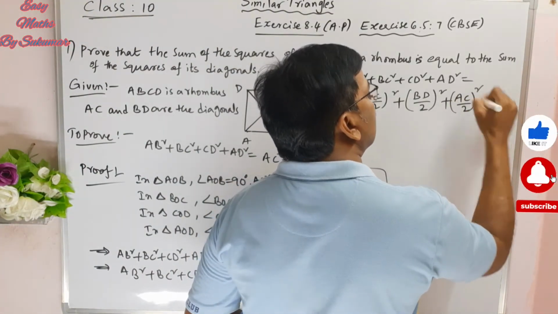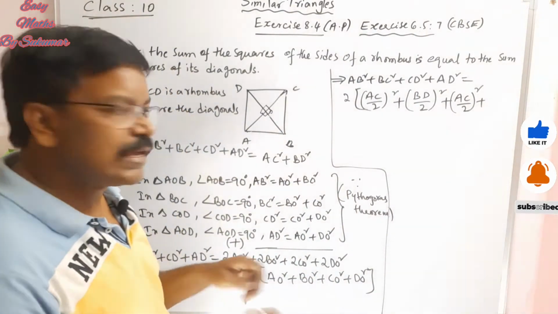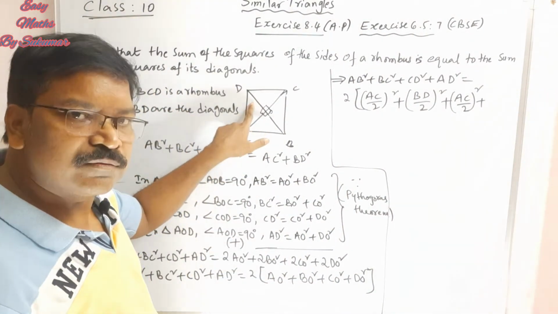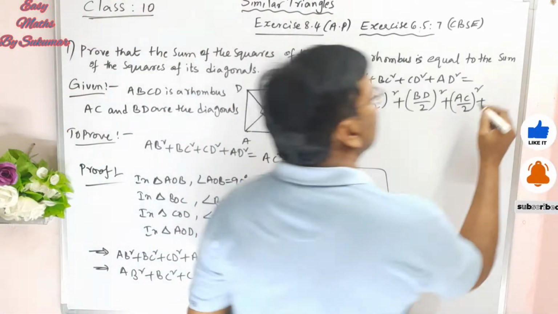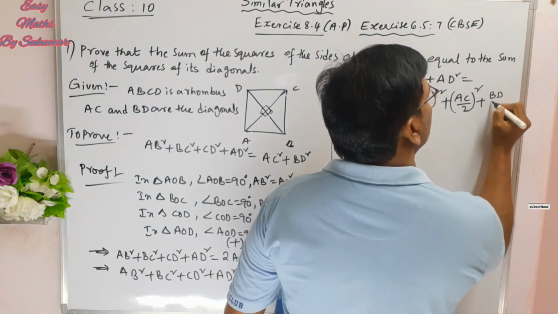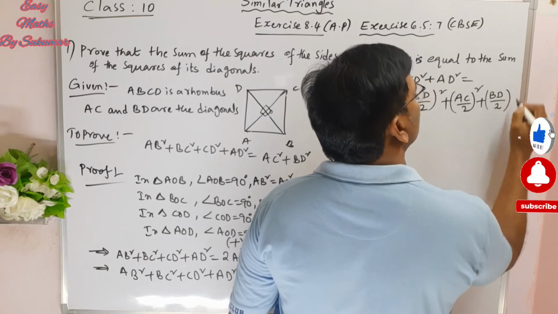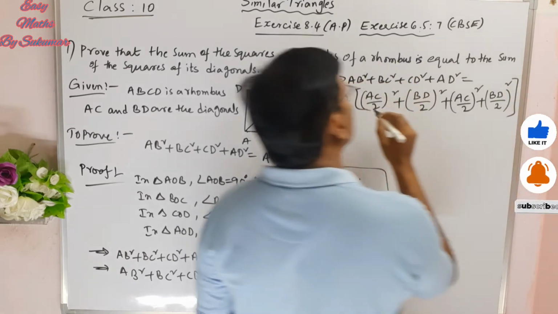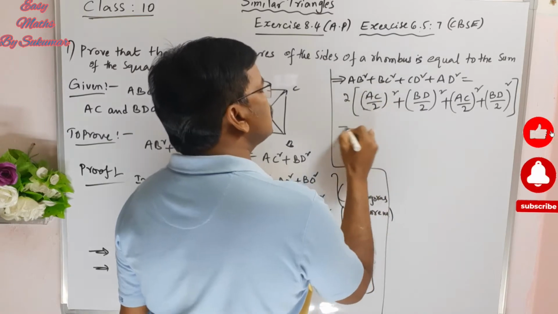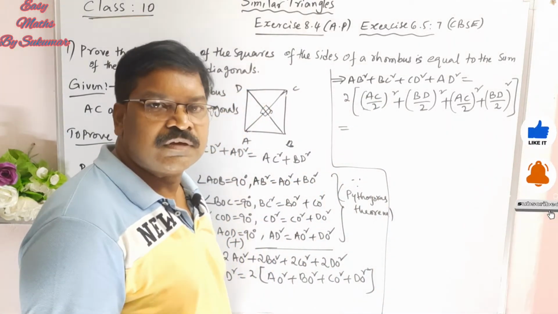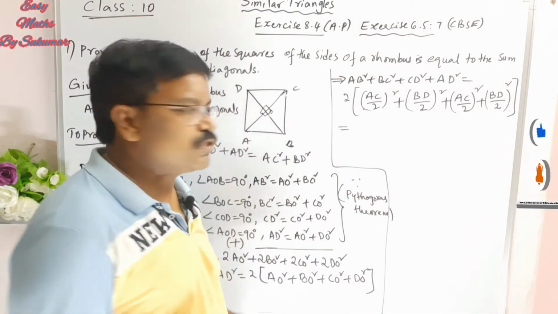Square is there, so write square. DO means half of BD, so that is BD by 2, BD over 2 whole square. Close the bracket. Right. So this is equal to, I am simplifying that RHS only here.